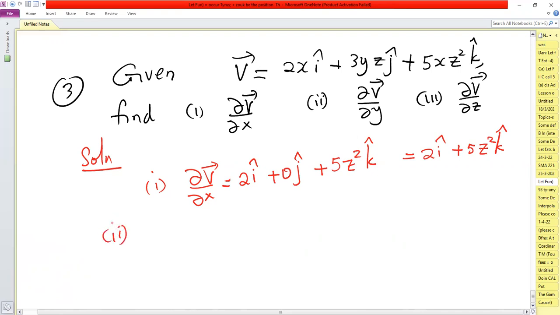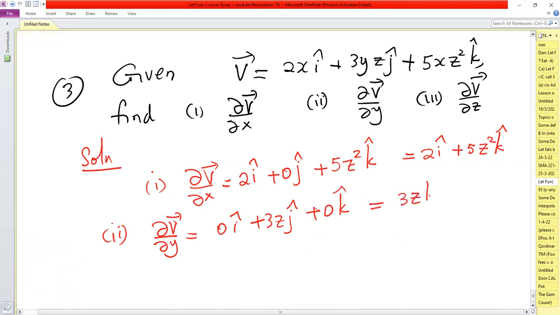Number 2, partial v partial y. Now this will get 0 for the i component because there's no y. Here we get 3z j, and this will give us 0 k, because there's no y. So this will be 3z j.